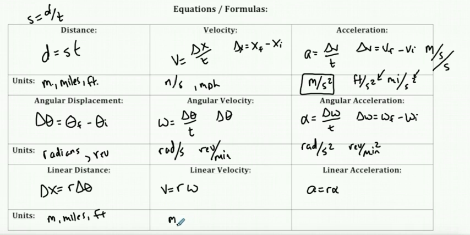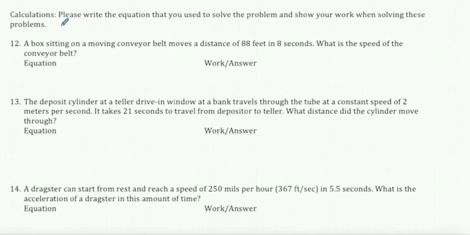Linear velocities, meters per second or miles per hour. And linear acceleration is going to be meters per second squared most of the time. So I would have those equations handy from the last table. We're going to be using those for these questions, and these are the ones that require some work shown.